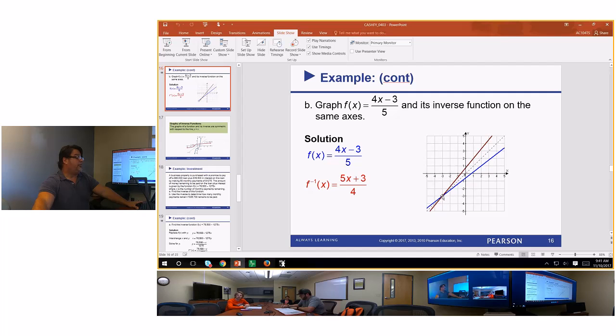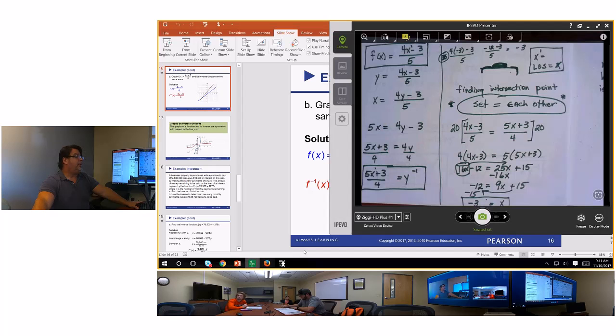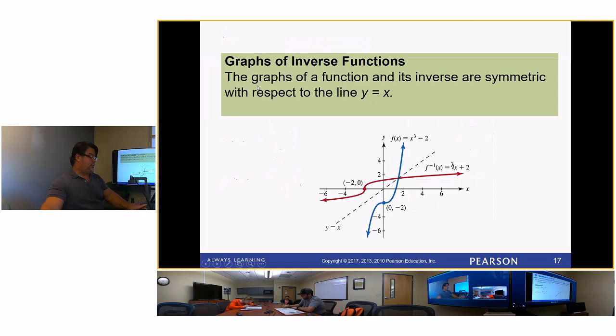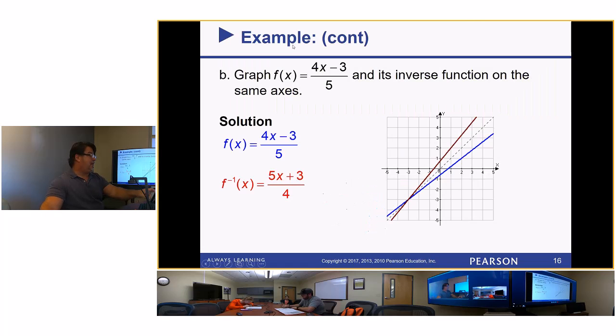And I also told everybody to write this down: whenever you have x to the first as a function, the line of symmetry will always be y is equal to x. That is this diagonal line. It's called a diagonal line of symmetry, which is the dashed line.